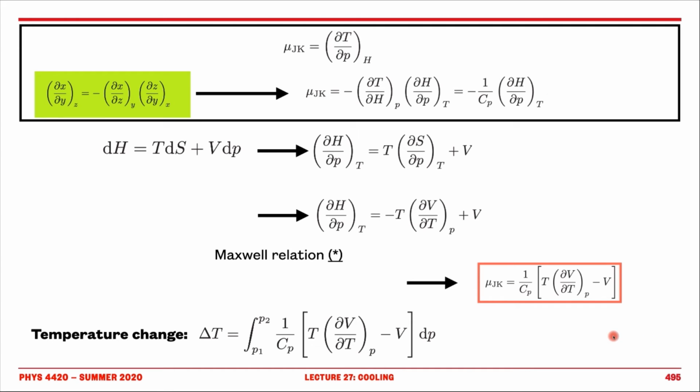Now I'd like to spend a second here to compare this with the Joule expansion. So remember the constraints are different. In the Joule expansion, we are changing the volume, and in the Joule-Kelvin expansion, we are changing the pressure. Right, that's what we are doing.